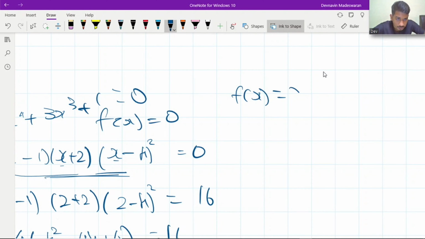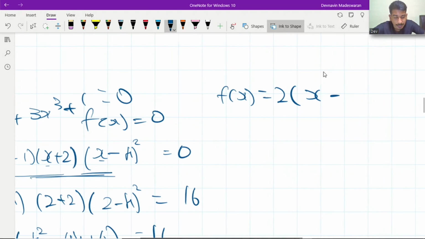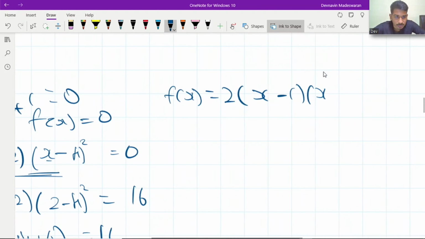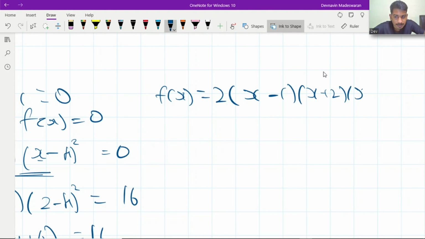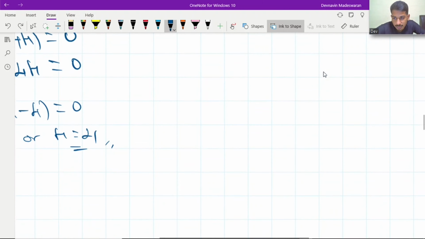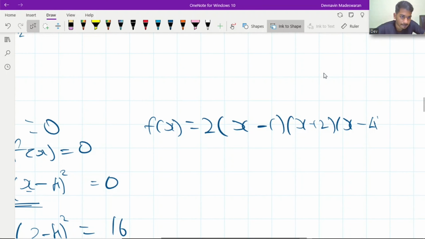So it could be something like this. f(x) is equal to 2 times x minus 1 times x plus 2, then x minus k square. What is k? K we just found out to be 4, right? So x minus 4 square.